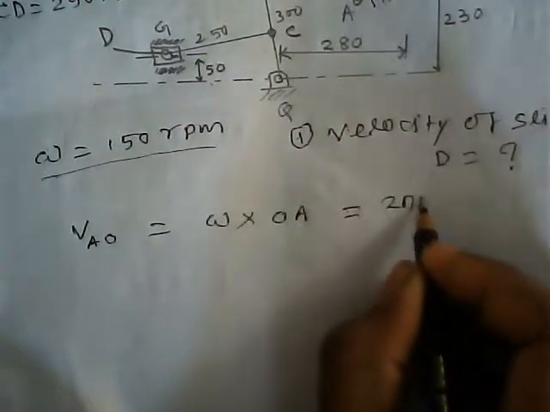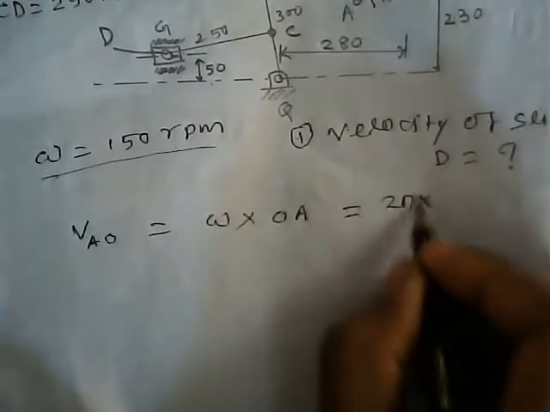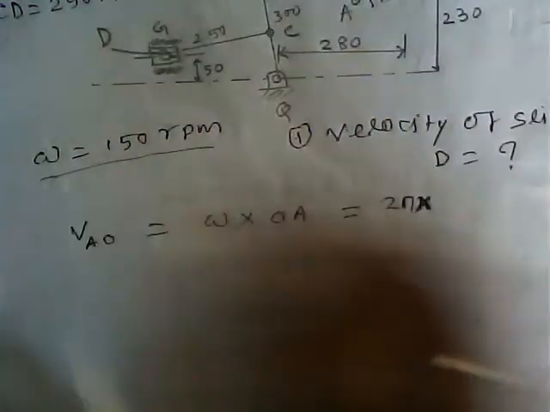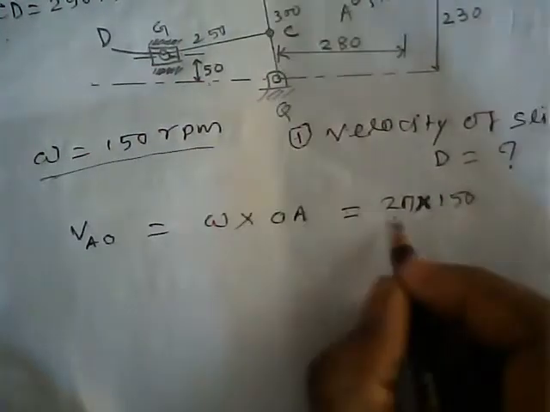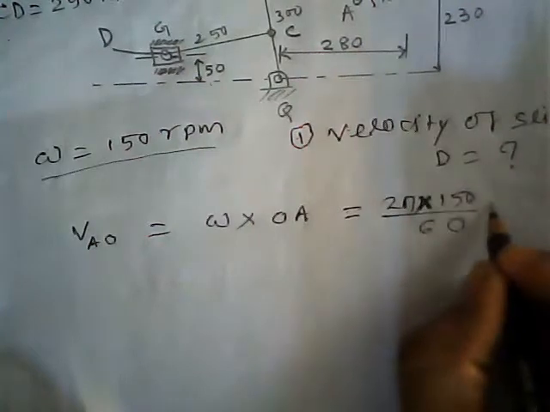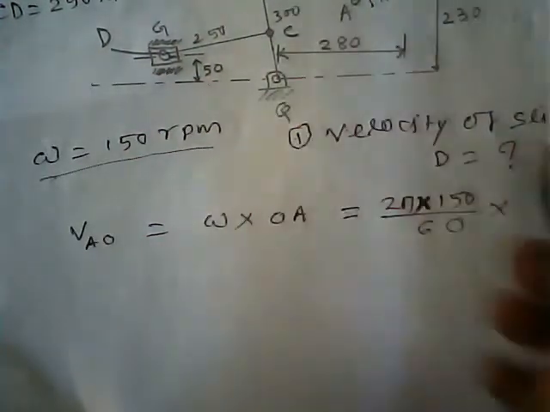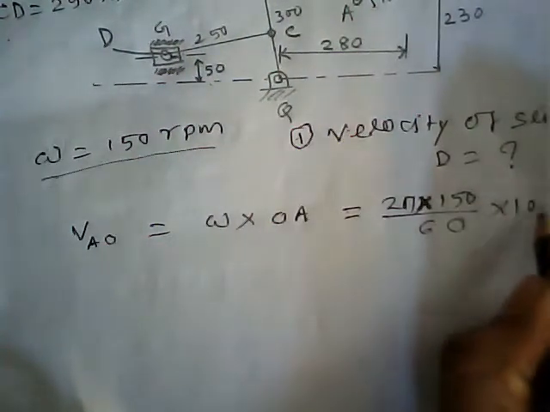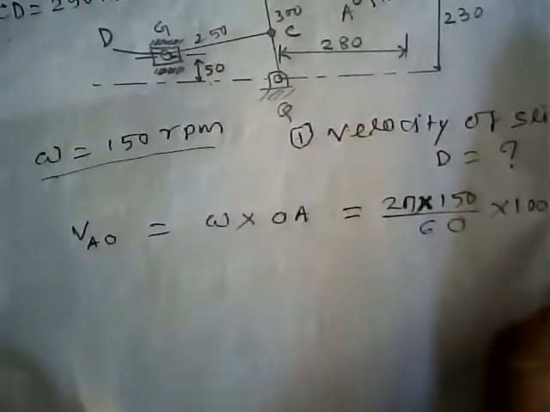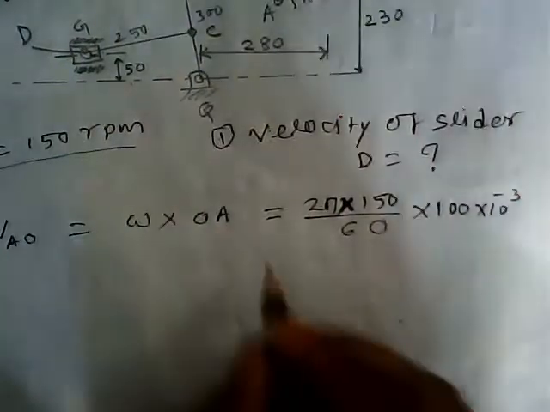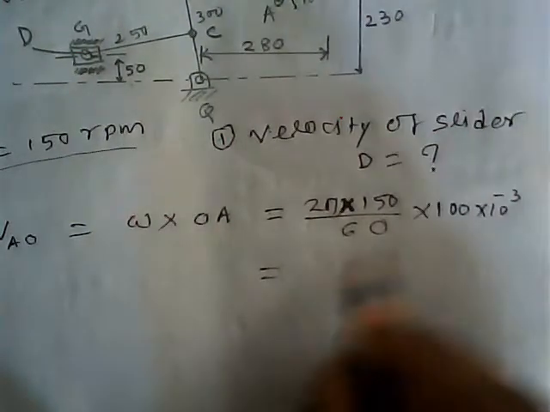Omega means 2 pi N by 60. N means 150 rpm is given, and the OA distance is 100 millimeter into 10 to the minus 3, so that is in meters.